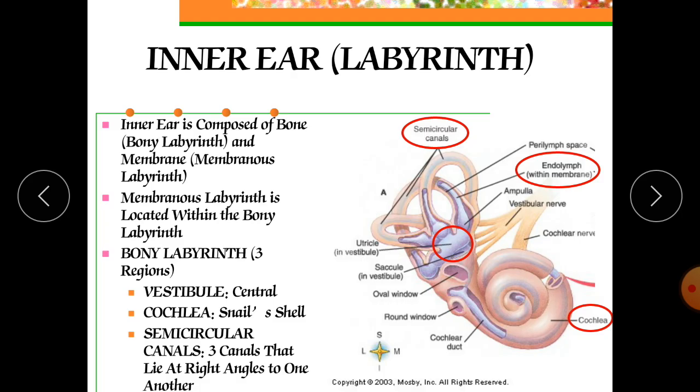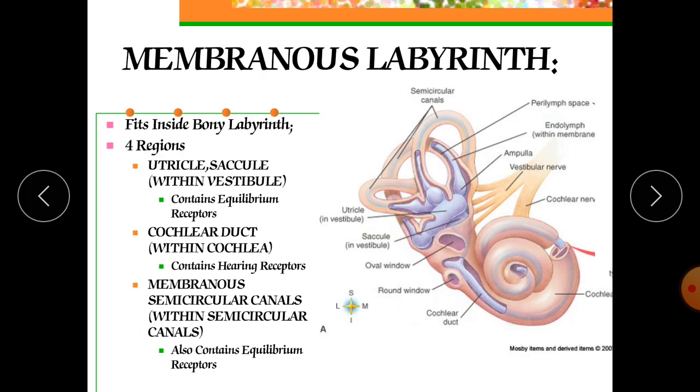Sections through the cochlea reveal that it is divided into three channels: the cochlear duct, the scala vestibuli, and the scala tympani. Here you can see the cochlear duct, which contains the hearing receptors.